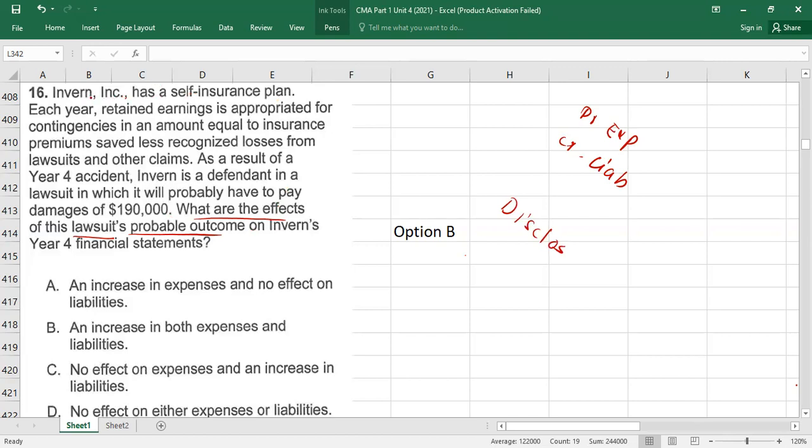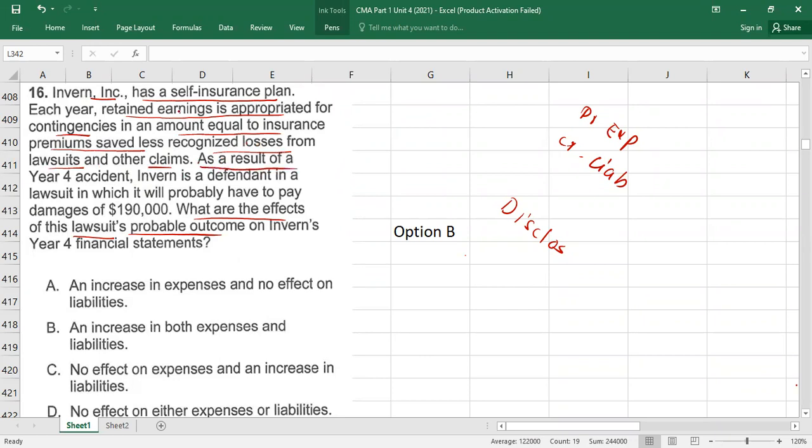They're saying Invern Inc has a self-insurance plan. Each year, retained earning is appropriated for contingencies, like you are taking some part of the profit and putting it for contingencies. It is an amount equal to insurance premium saved less recognized losses from the lawsuits and other claims. It's just information.